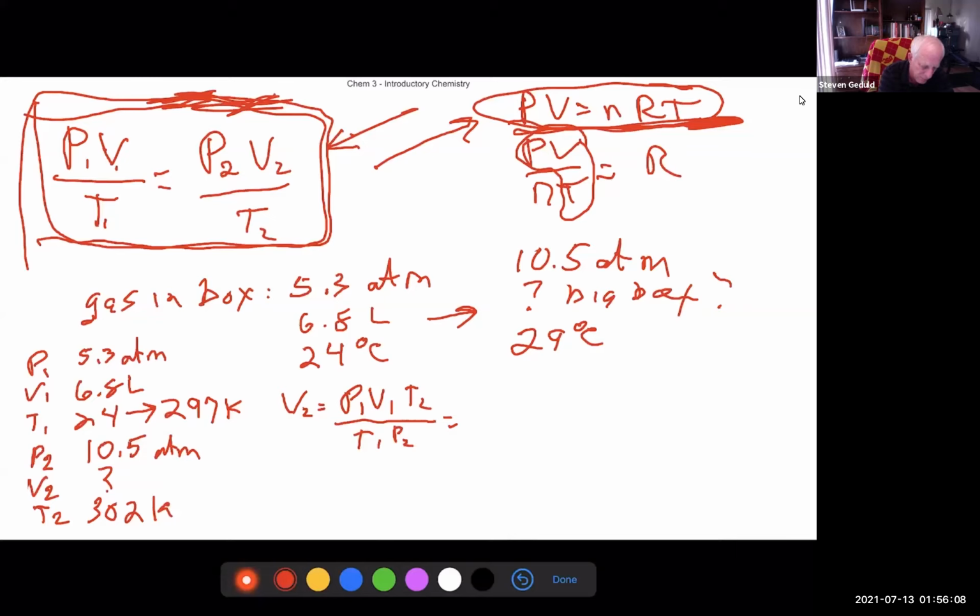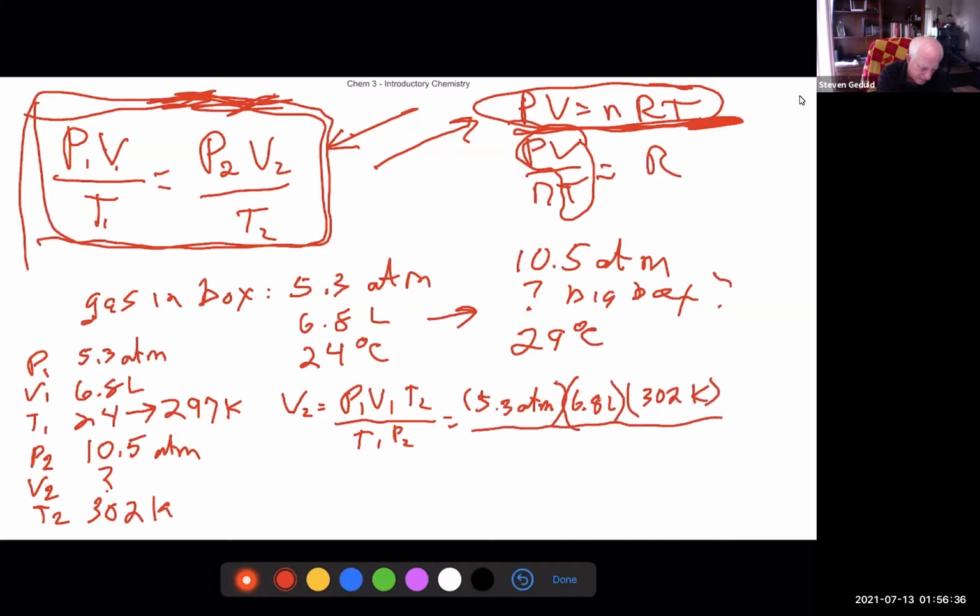P1 is 5.3 atmospheres, and V1 is 6.8 liters. And T2 is 302 Kelvin.